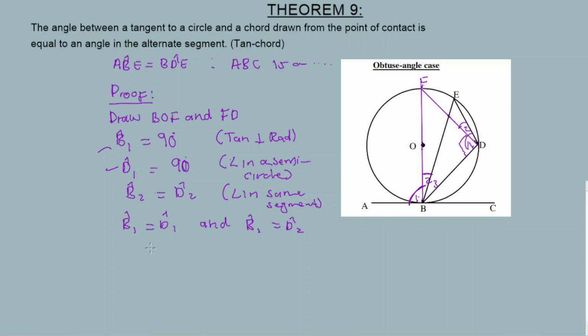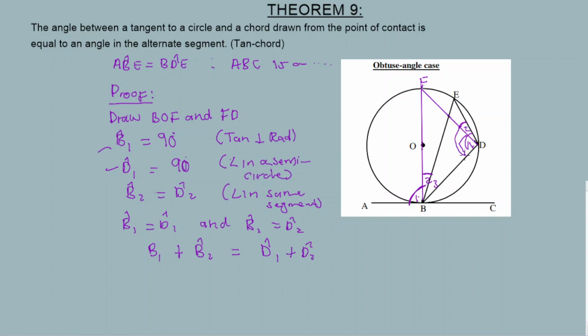So what does this mean? It means B1 plus B2 is equal to D1 plus D2.